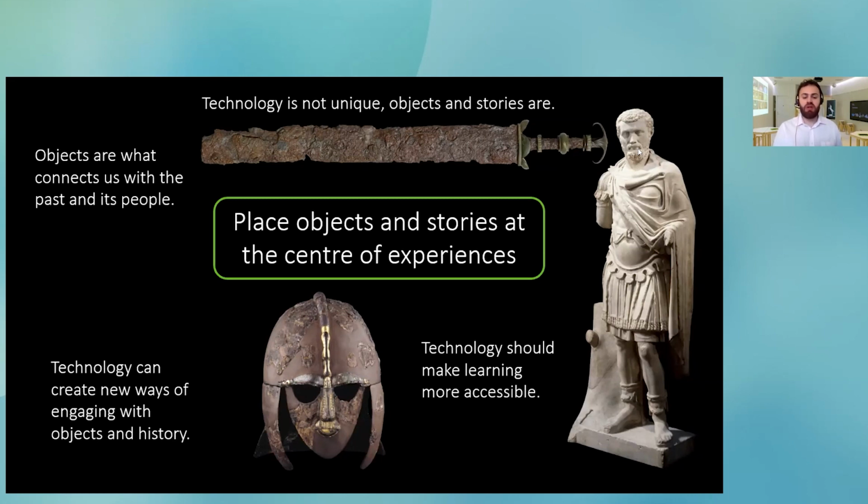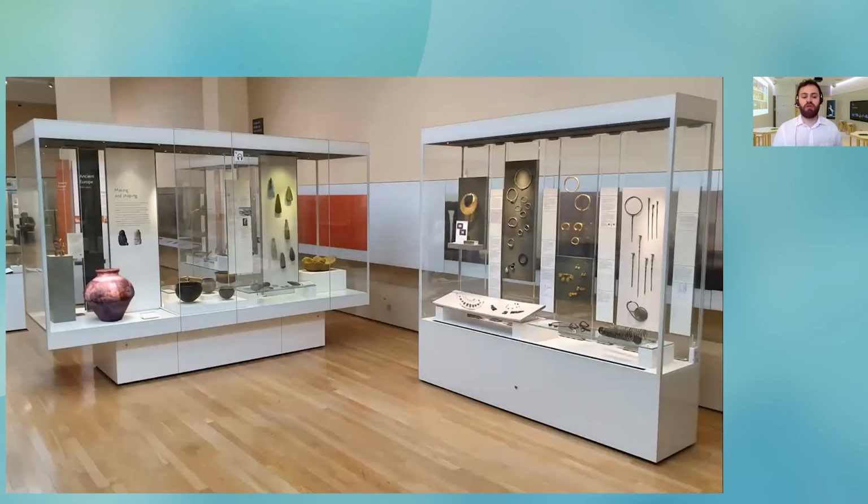If they are visually impaired, they might be able to zoom into certain aspects of the objects. You can use closed captions as well, which I know we're using in this lecture series too. So these are all really great ways of making this knowledge and these objects more accessible to a greater number of people.